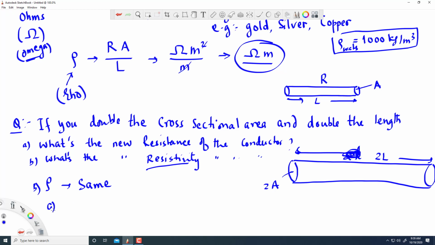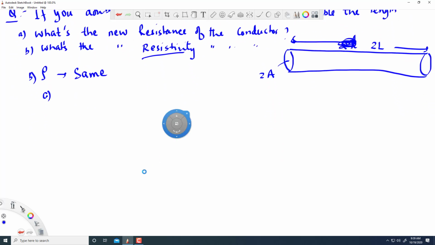Now let's answer A. There are different ways to answer this. One way is by using the math. We know the resistance is resistivity times L over A. Let's write this one as R1, the initial resistance.